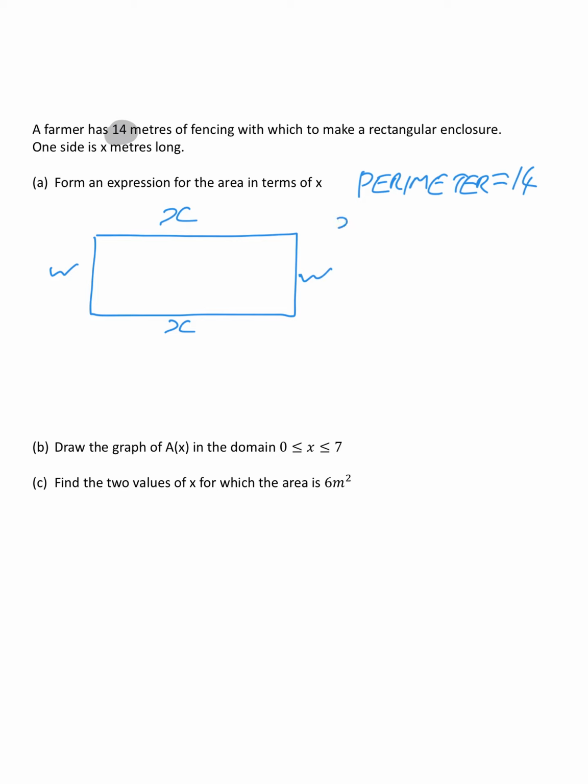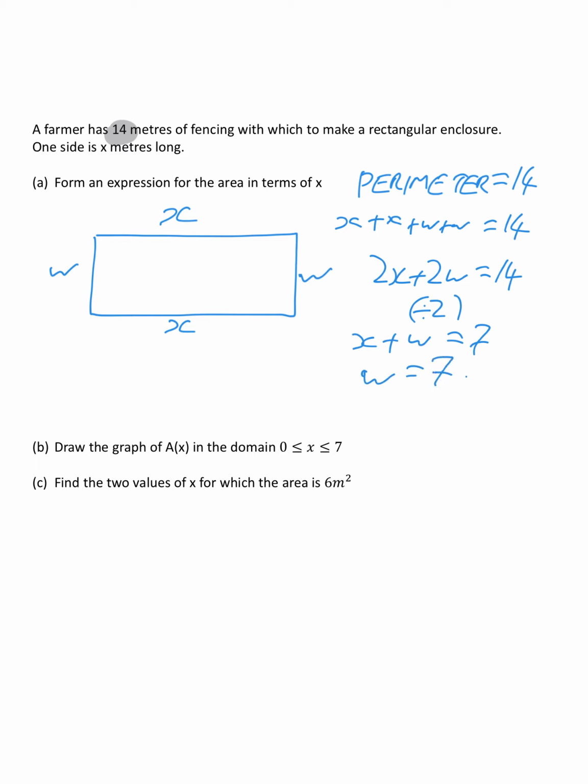Okay, so I'm going to have x plus w equals 14. So 2x plus 2w equals 14. Now I could divide by 2 here to make this a bit easier. So then x plus w equals 7. So then w is equal to 7 minus x. So the width is equal to 7 minus x.